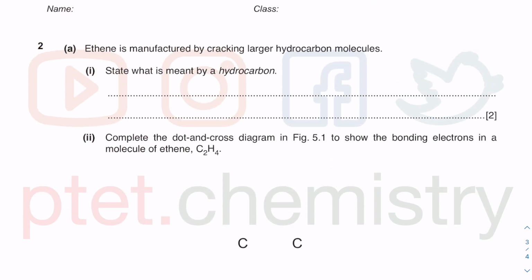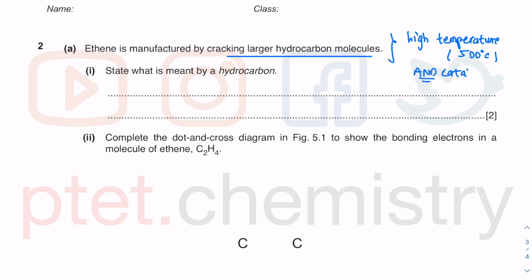In the next question, we have the cracking of larger hydrocarbons, and this takes place at a high temperature of around 500 degrees Celsius, as well as a catalyst. But this question is not asking you about the conditions for cracking. They want the definition of hydrocarbons as stated in the syllabus.